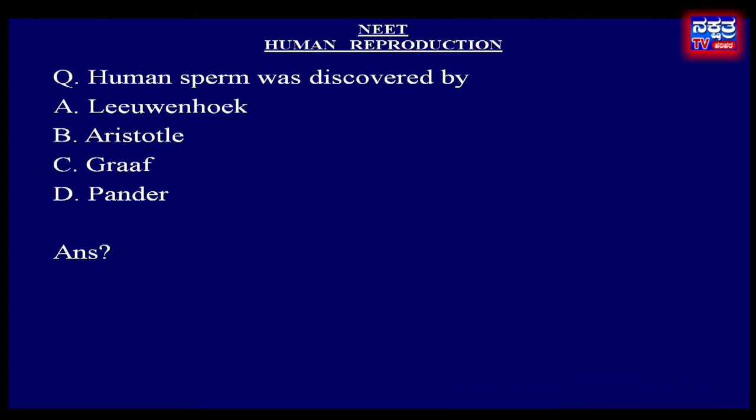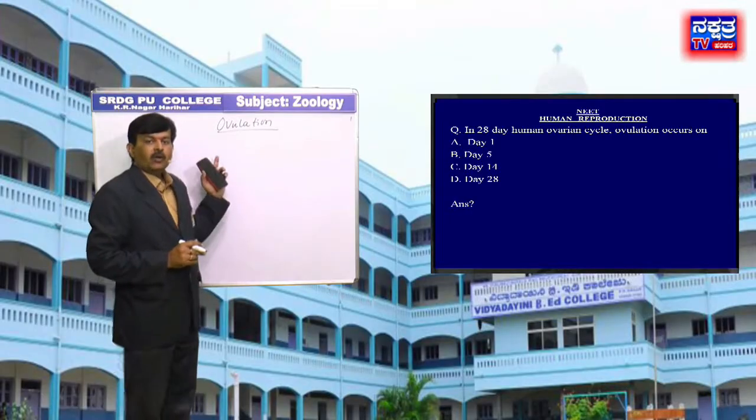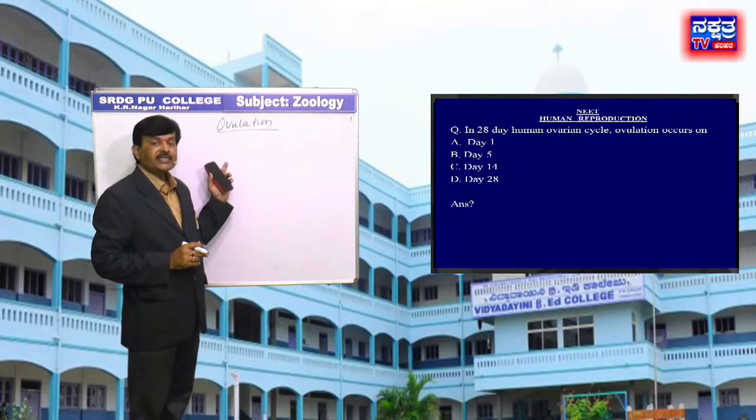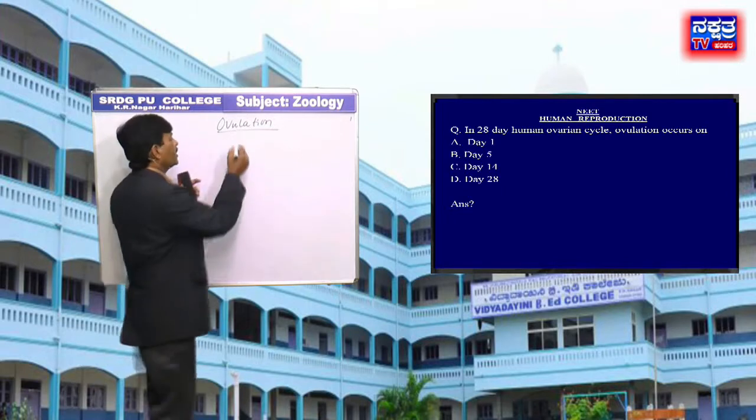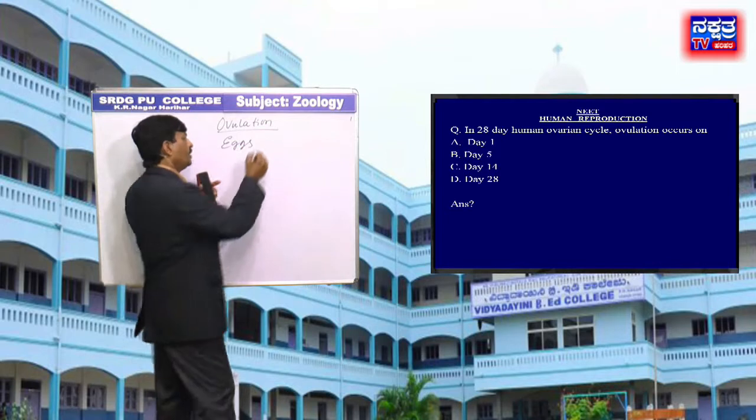Move to next question. In 28-day human ovarian cycle, ovulation occurs on option A, day 1, option B, day 5, option C, day 14, option D, day 28. Ovulation is the release of eggs from the ovaries.